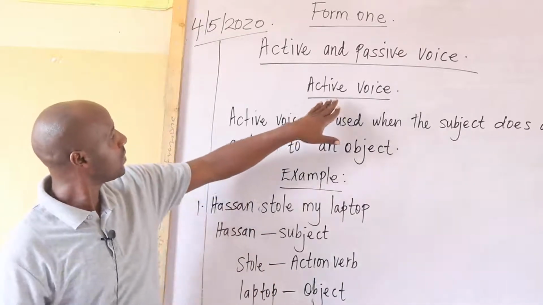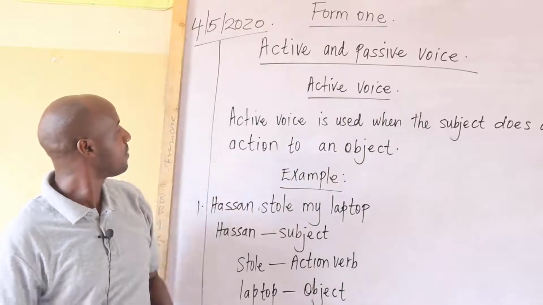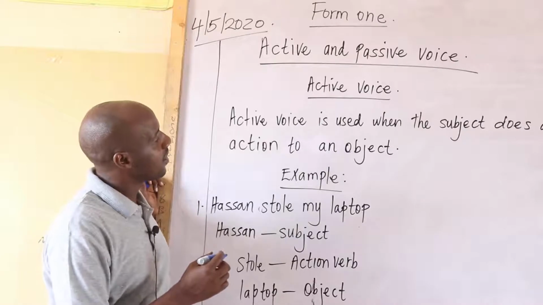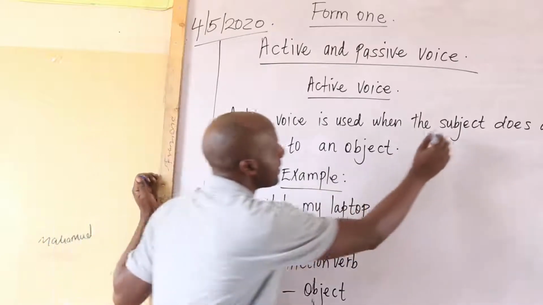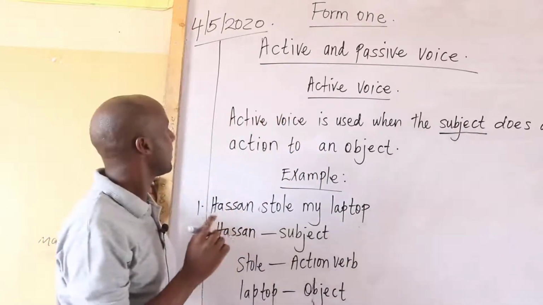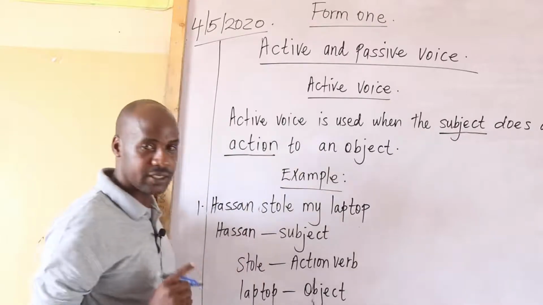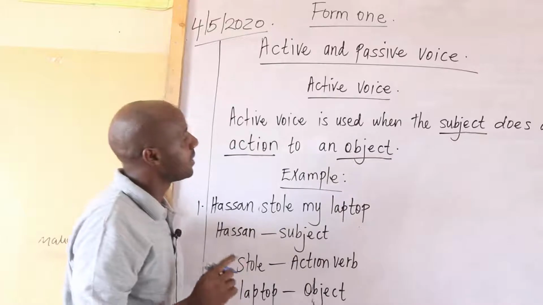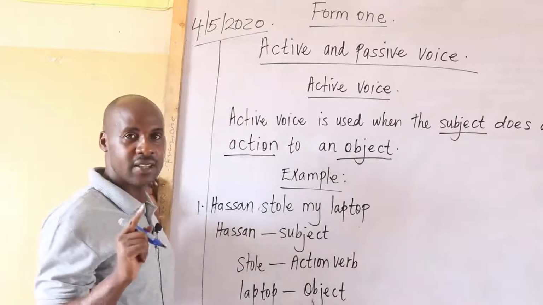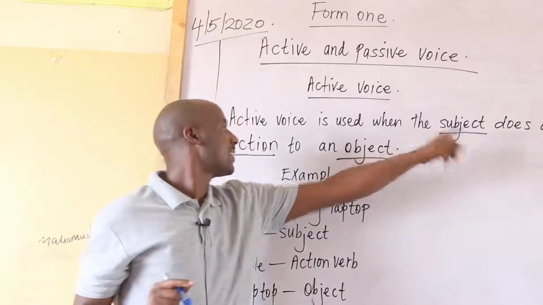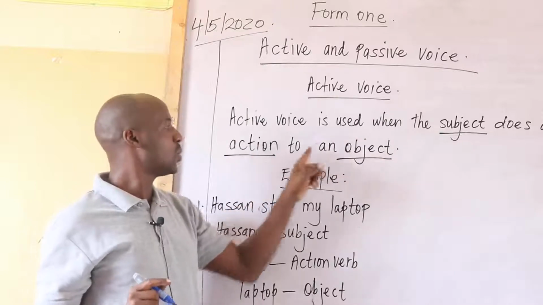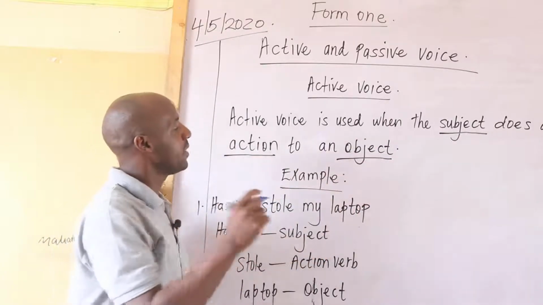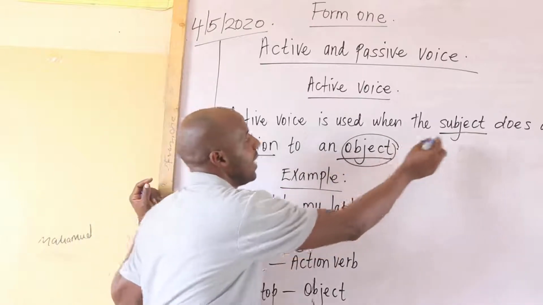Now, first of all, let's look at the active voice. Active voice is used when the subject does an action to the object. You know, sentences normally have the subject and the object.